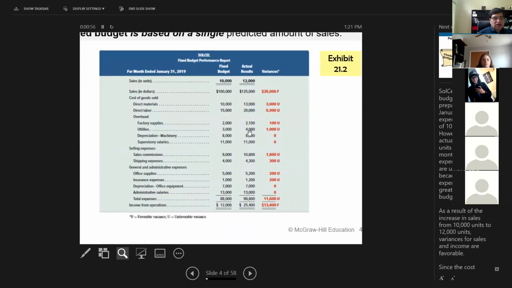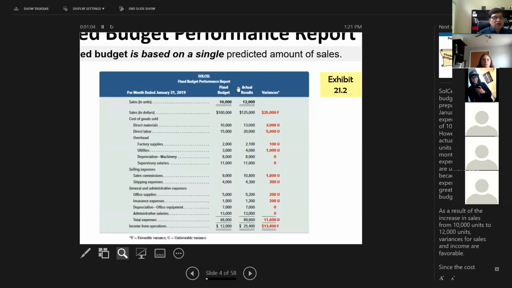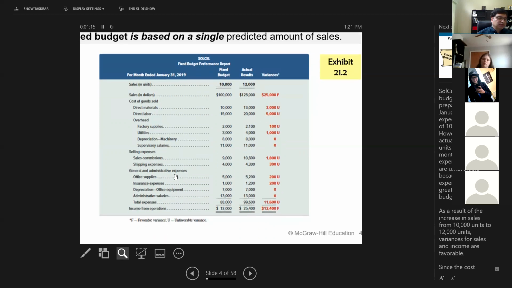So you're comparing a Camry to a Tesla kind of situation. Because over here, your budgeted sales were 10,000 units, but you're comparing it with actual sales of 12,000.